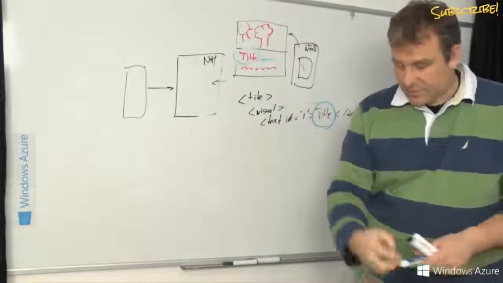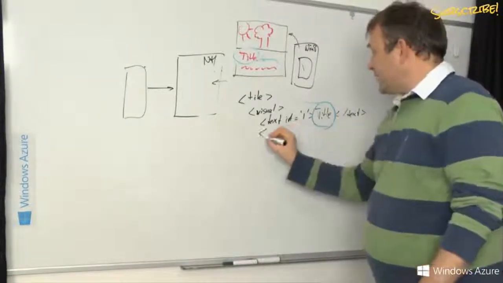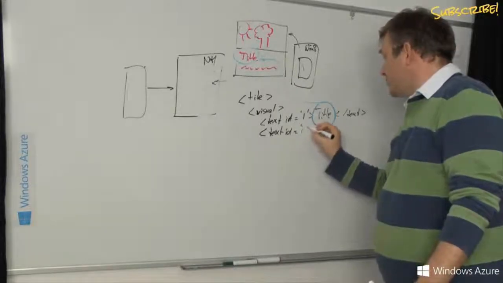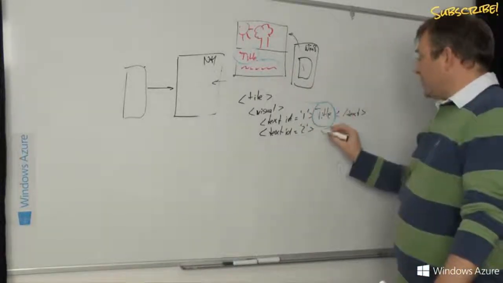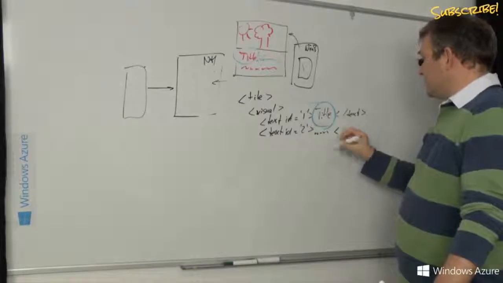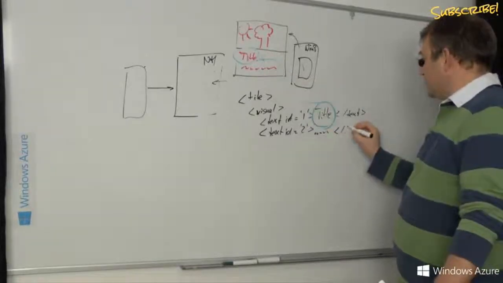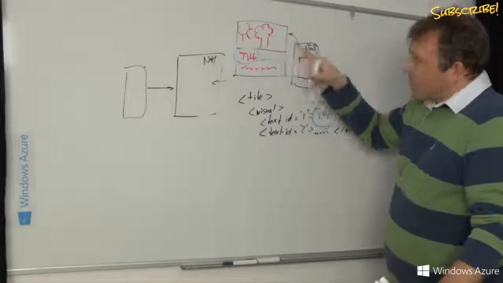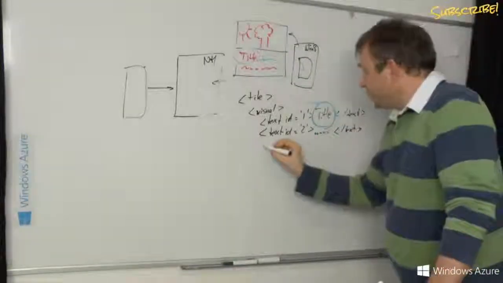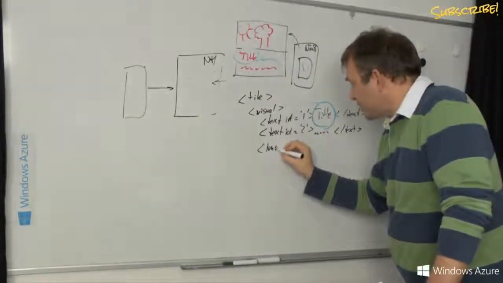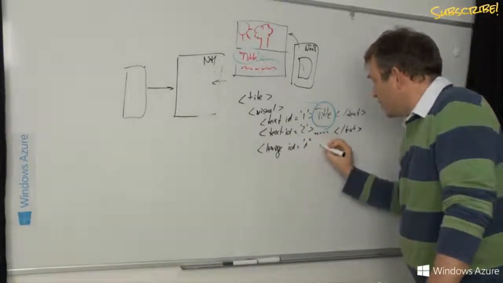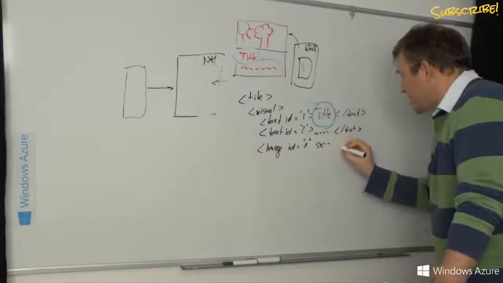So there's, again, another text element here, text ID equals 2. There's now the text that I'm putting in here, /text. And then you can also have this image here, a large image. That's an image that also has an ID equals 1, and then it has a source attribute.